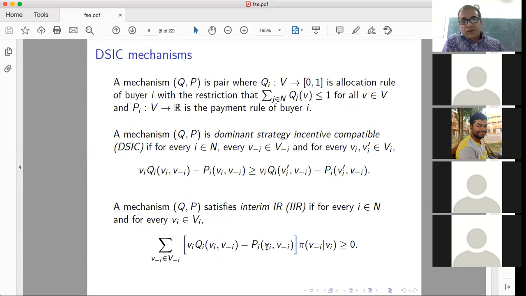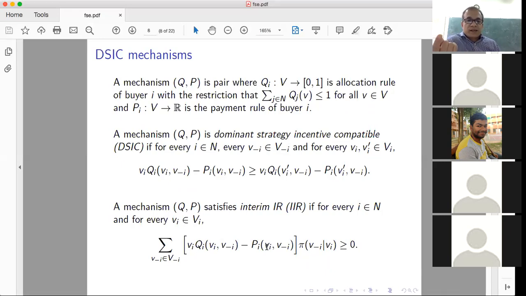First is that we can weaken dominant strategy to Bayesian incentive compatibility also, and I'll tell you what happens in that case. The second is that we can strengthen the IR constraint to ex post IR, and we'll see what happens in that case also. So either you can weaken the IC constraint or strengthen the IR constraint.